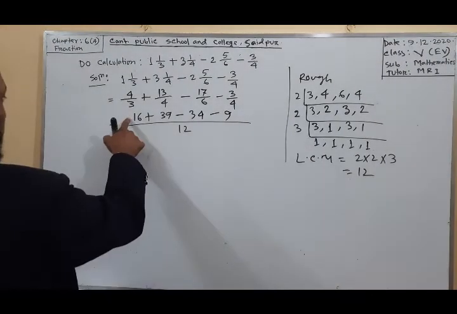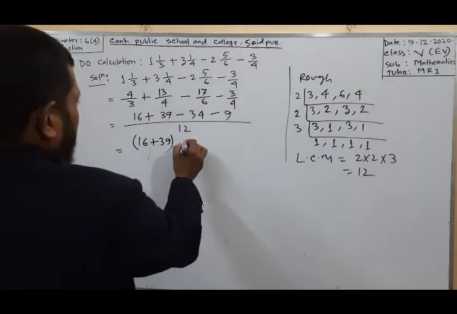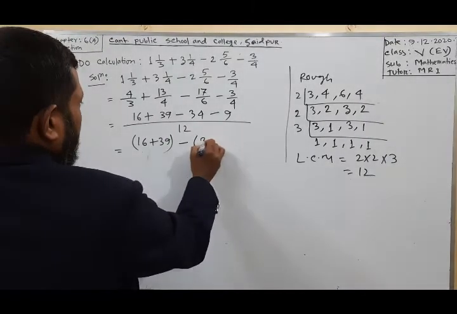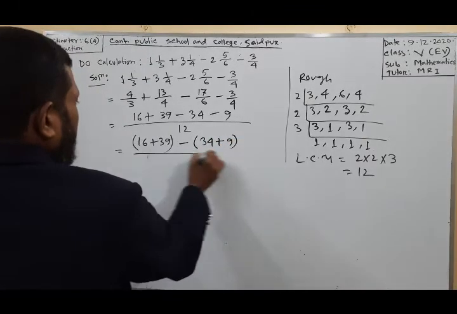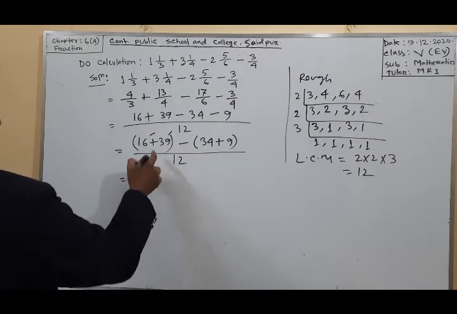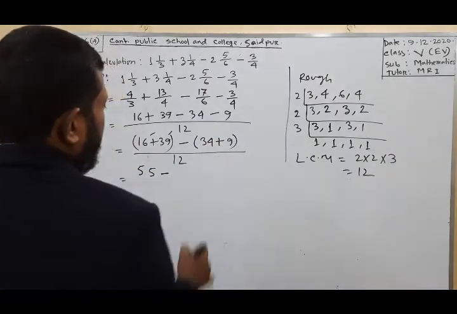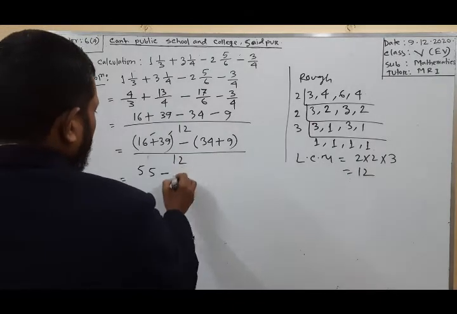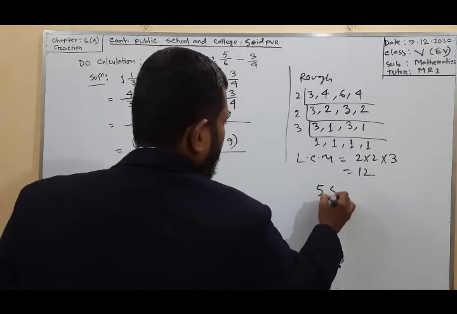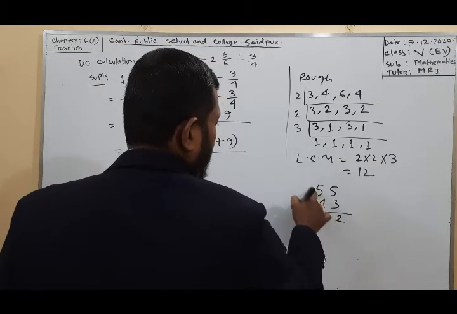We are seeing 16 and 39, these two are plus, and here minus 34 and minus 9. I am writing them together. 16 plus 39 is 55, and 34 plus 9 is 43. 55 minus 43 is 12.